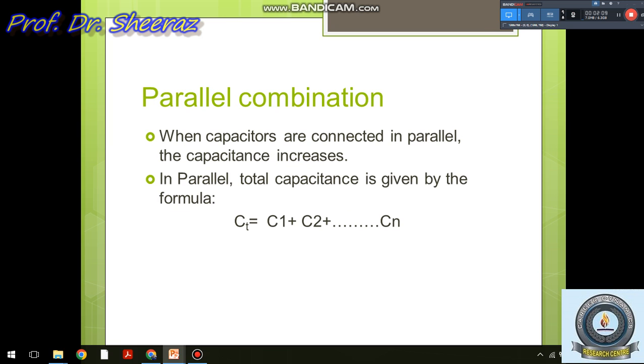The situation reverses when we are talking about parallel combination. In parallel combination of capacitors, the overall total capacitance is added as it is added in resistances in series. So, the total capacitance of any number of capacitors is given by Ct is equal to C1 plus C2 and so on up to any number of capacitances.